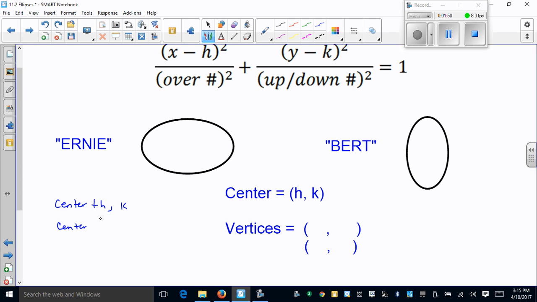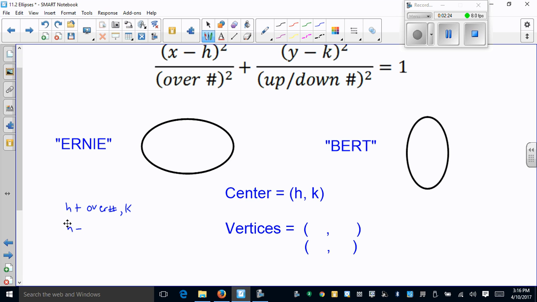So actually the H is your center number. Let me erase those. I'm writing what I wrote down and I'm like, wait a second, this isn't it. It's going to be H, which is your center, plus your over number, comma K, or your H minus your over number, comma K. That is if you have an Ernie.